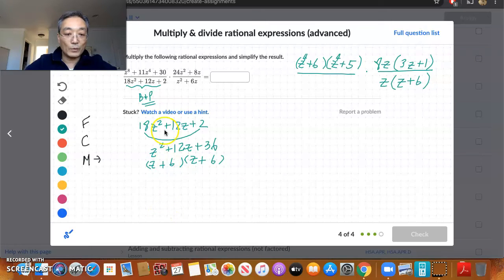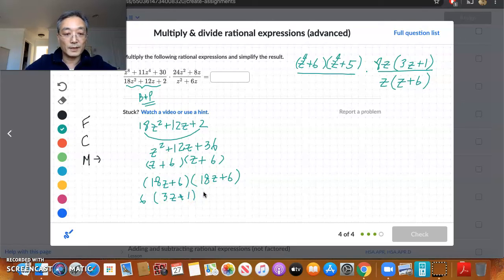Okay, and now we borrow the leading coefficient. So let's borrow the leading coefficient. So we have 18z plus 6 times 18z plus 6. And then we factor each one separately. So we can take out a 6 here. That gives us 3z plus 1.